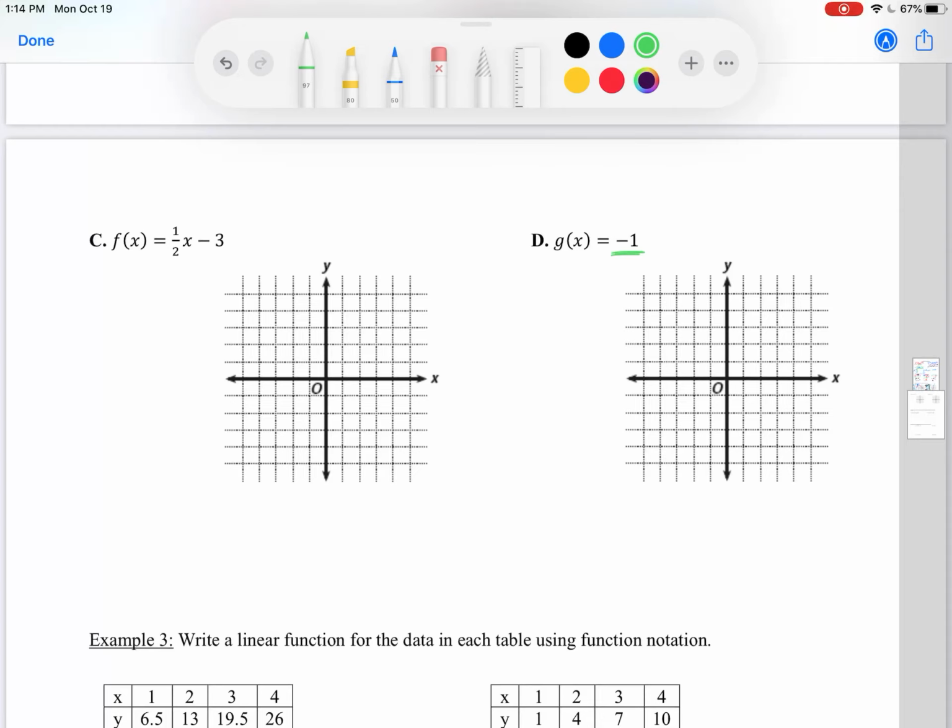All right, same idea. For question D, however, take a look at just the function. The function is just -1. All right, again, we're assuming we don't remember our slope-intercept form. So I'm going to make my H-chart. I have x, then the last section is f of x.